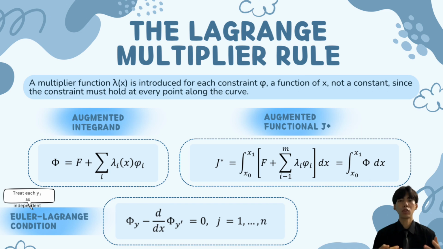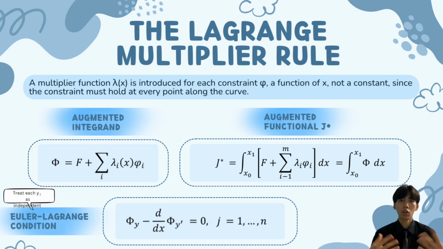The augmented integrand, capital Phi, is then built by adding f to the sum of these multiplier terms, which is capital Phi equals f plus the summation of lambda i of x phi i, and the corresponding augmented functional becomes J star equal to the integral from x0 to x1 of f plus the summation from i equals 1 to m of lambda i phi i dx, equal to the integral from x0 to x1 of capital Phi dx.